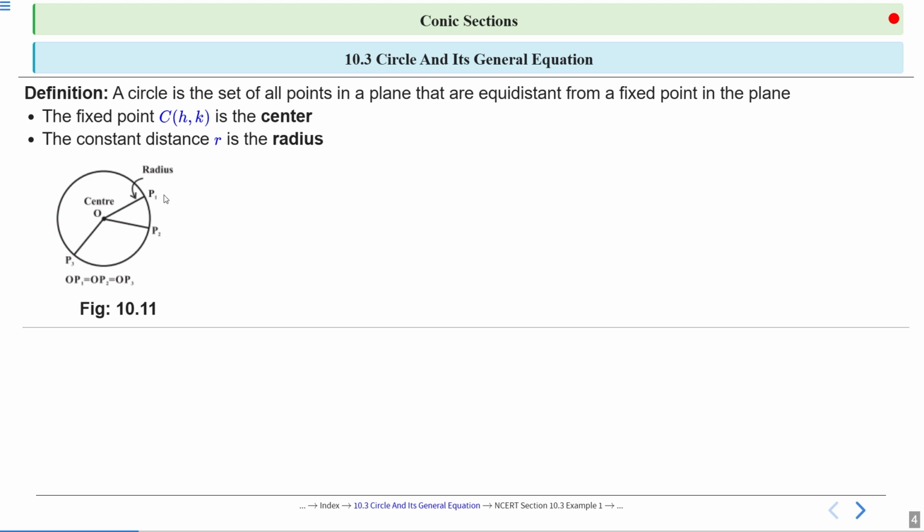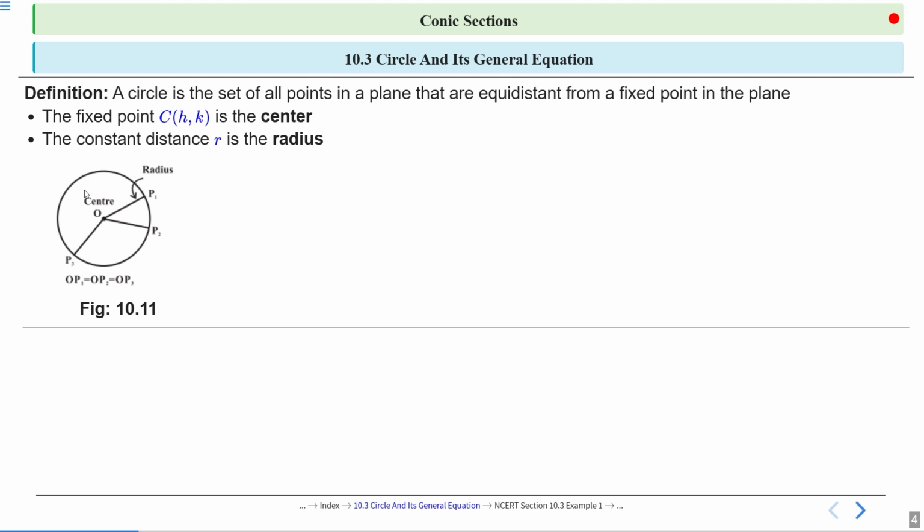So OP1, OP2, OP3 all are equal, and this constant distance is called the radius of the circle, denoted by small r.